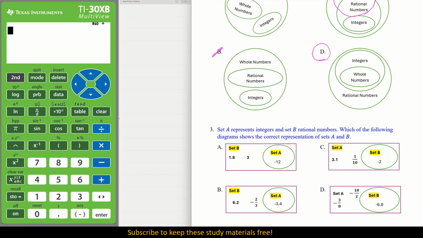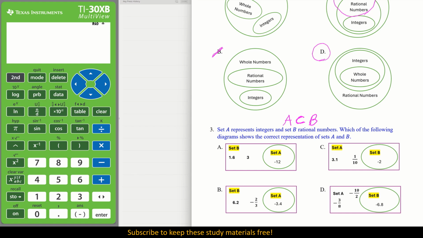If A represents integers, as we said in the prior question, that means A is a subset, and a proper subset, no less, of B. Well, that being the case, option A does show A is a subset of B. Option B shows that too.